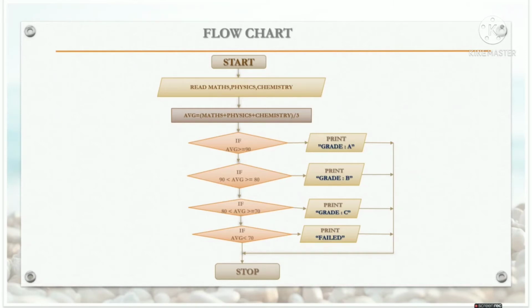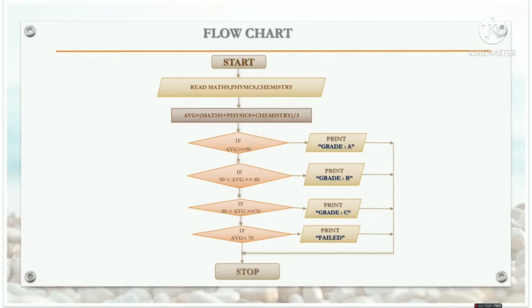That is, here I am going to give the input marks for maths, physics, and chemistry. So I have taken a parallelogram symbol. And next, average equal to maths plus physics plus chemistry by 3. For that, I have given a formula. So this is called a rectangle box shape, and this represents a processing.